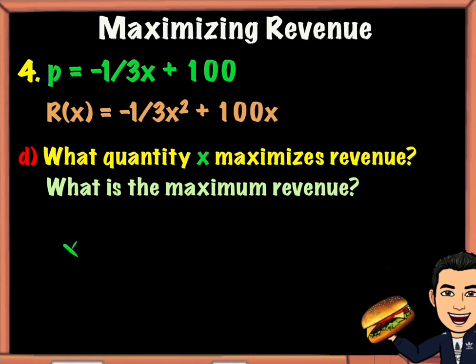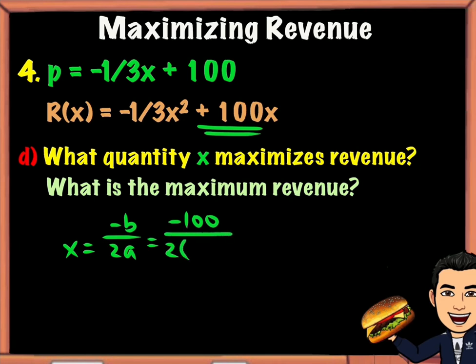So for letter D, let's find out the quantity x that maximizes the revenue. So you want to use x equals negative b over 2a. B value is positive 100, so negative 100 over 2 times the a value, which is negative 1/3, so put negative 1/3 here, and this is equal to 150.